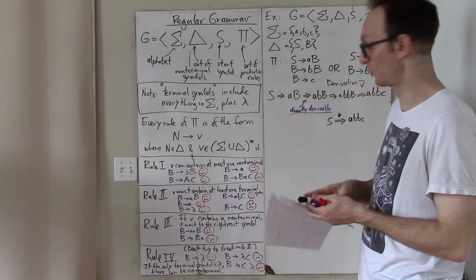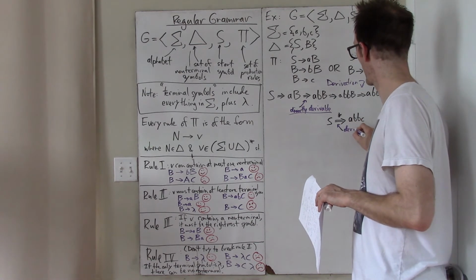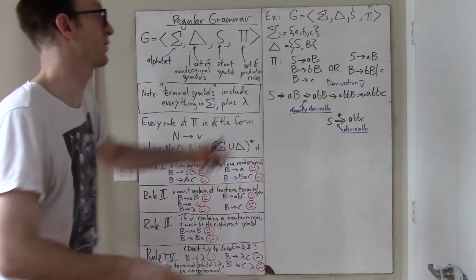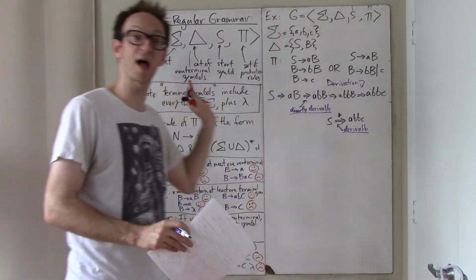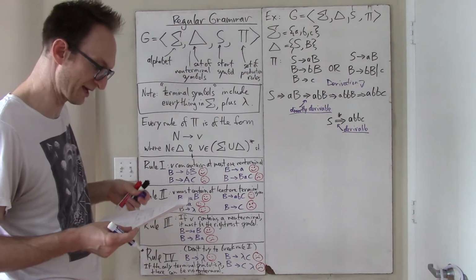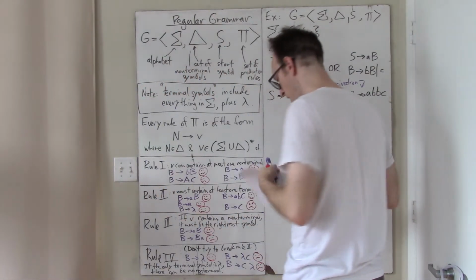Now we just say derivable. Derivable is another piece of vocab. A, b, b, c is derivable from the start symbol by following a finite sequence of substitutions.